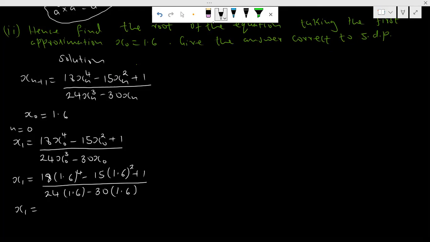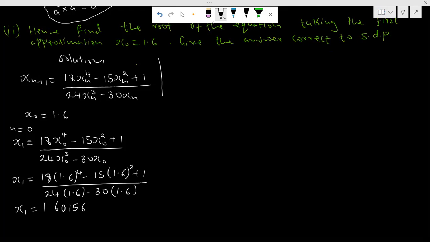So we get x1 is equal to 1.6015. We want it to 5 decimal places, so the next digit here will be 6.